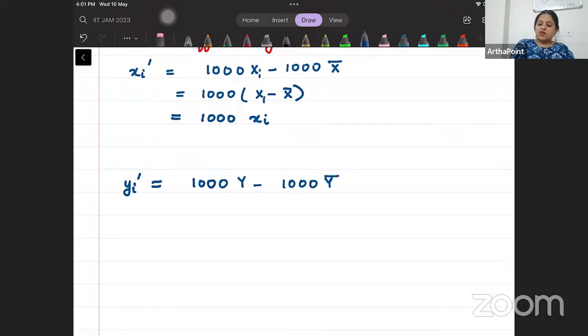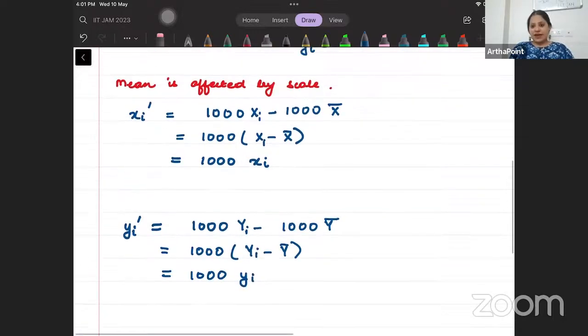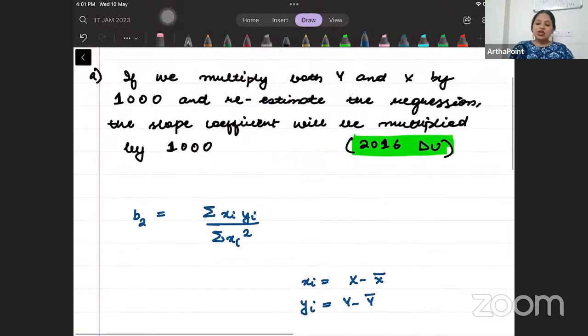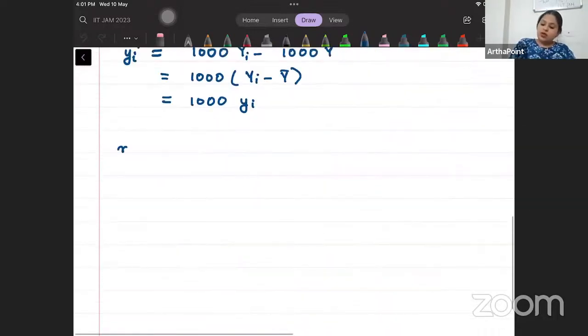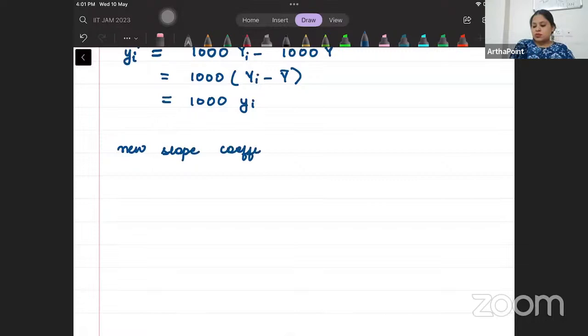Each of the xi, each of the yi, this is what we are talking about. I can take this 1000 out and I will have y minus y bar, so this is going to be 1000 small yi. So what we have seen here is that when each x term and each y term is multiplied by 1000, even their deviations get multiplied by 1000. If I were to find the new slope coefficient, this new slope coefficient is going to be b2 dash.